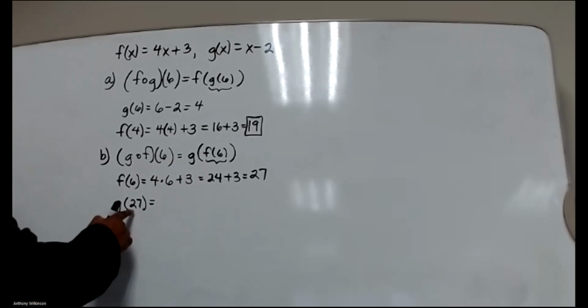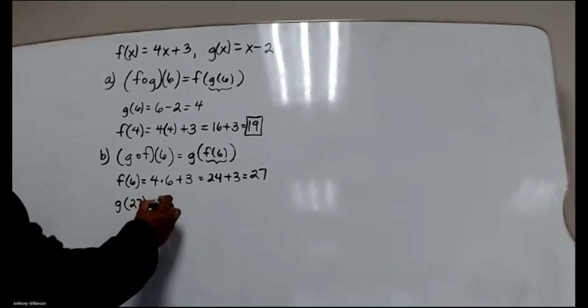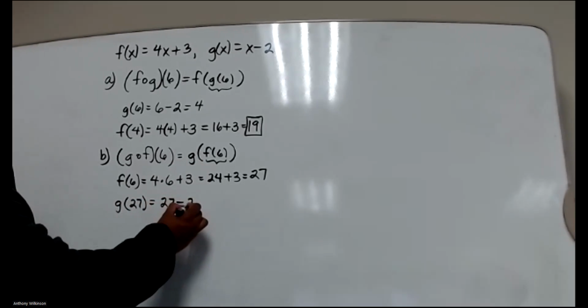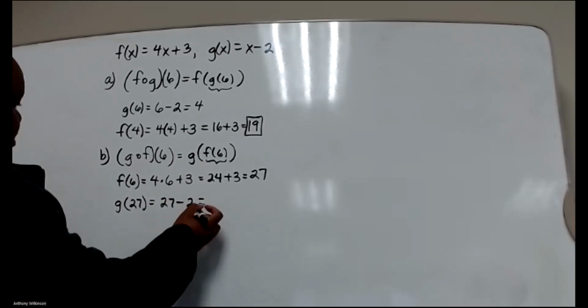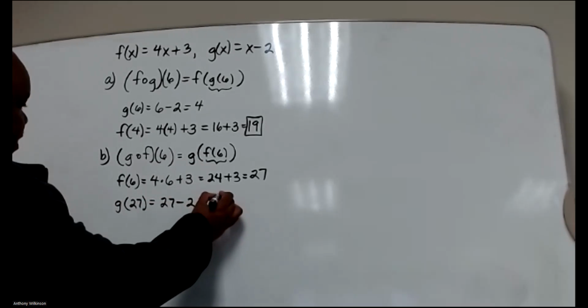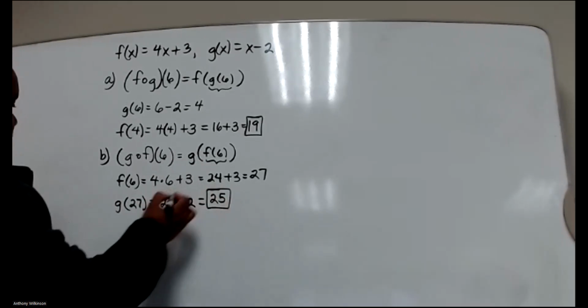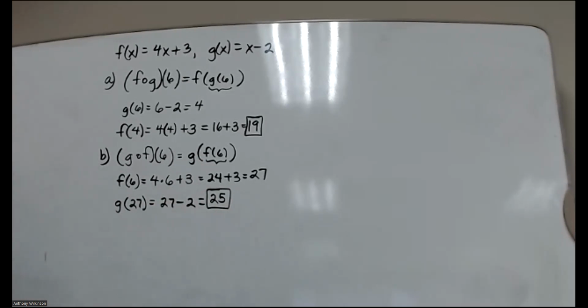This time, what f of 6 was is now my x value for g. So here I'm going to do 27 - 2, because g(x) is x - 2. What's 27 - 2? 25. So the composition of g with f of 6 would be 25.